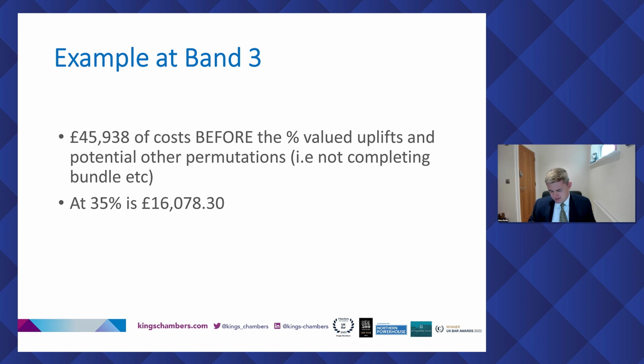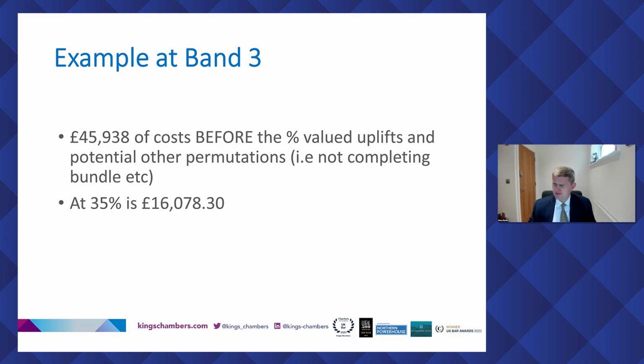But it does seem to me, and the feeling I'm getting from talking to our practitioners, is that band 3 is going to be somewhat of a starting point argument for many cases if they don't blatantly fall into band 2. And let's not forget, band 1 is really quite prescriptive in terms of how you get to band 1. Really, it's going to be between 2, 3 and 4 in the large majority of cases.